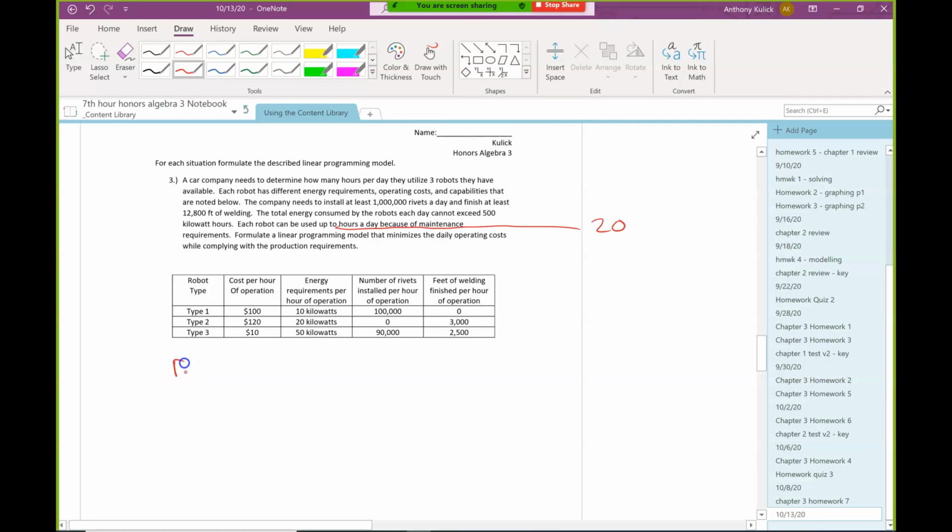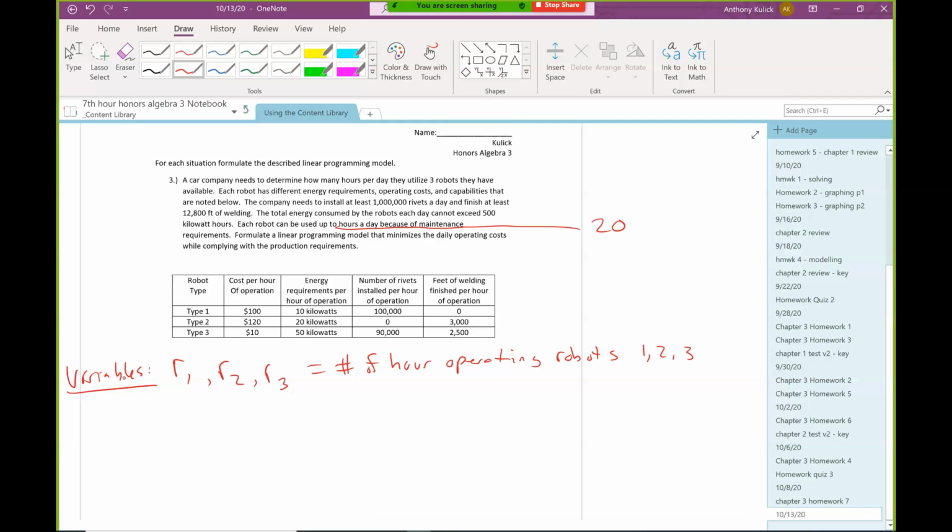So I'm going to call those variables R1, R2, and R3. Okay, so those are our variables. Is everybody okay with that reasoning? And if you read the first sentence again, it would have been obvious since that's specifically what it's asking for, right? It wants those quantities.